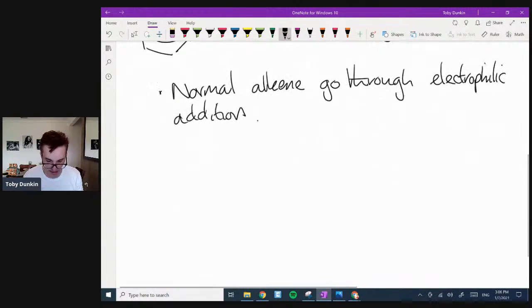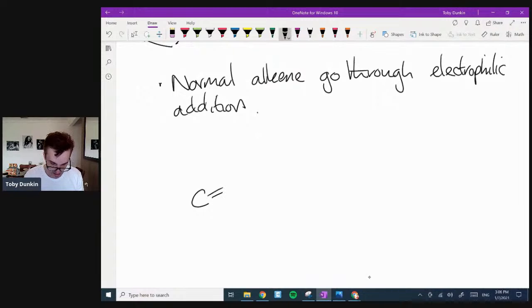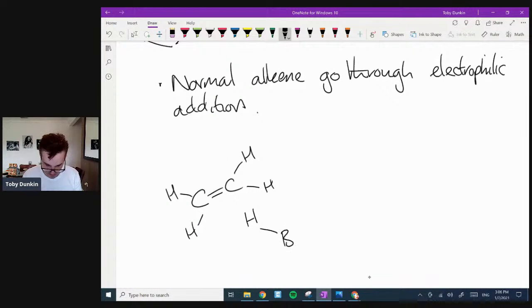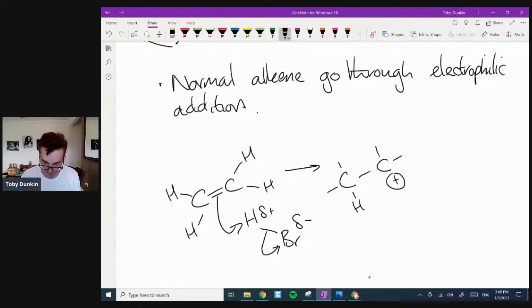Let's remind ourselves of what that looks like. Let's just stick with ethene, make it easy for ourselves. Let's add HBr. HBr is polar due to differences in electronegativity. The double bond reaches out, the single bond breaks. You get an intermediate, the double bond is broken. The H goes here and the positive there, and then the Br is now going to hop on to that.